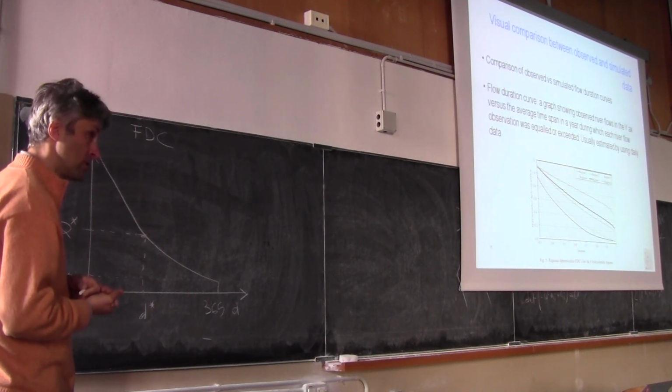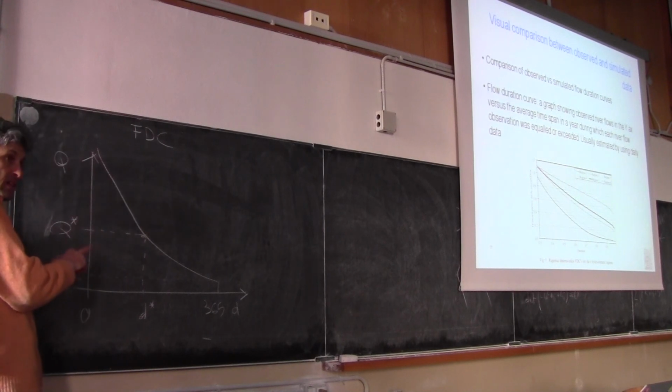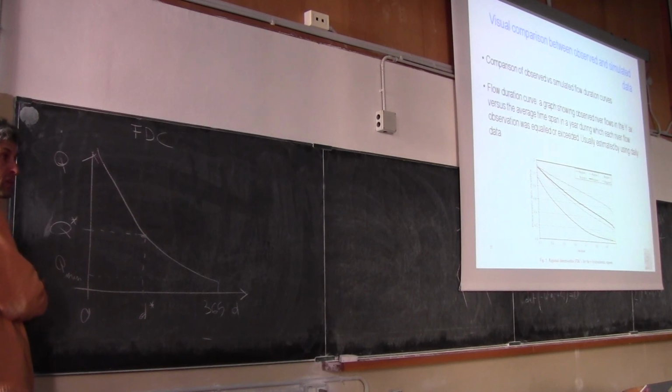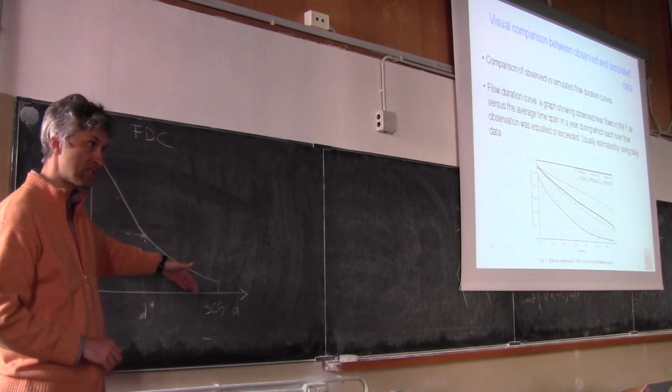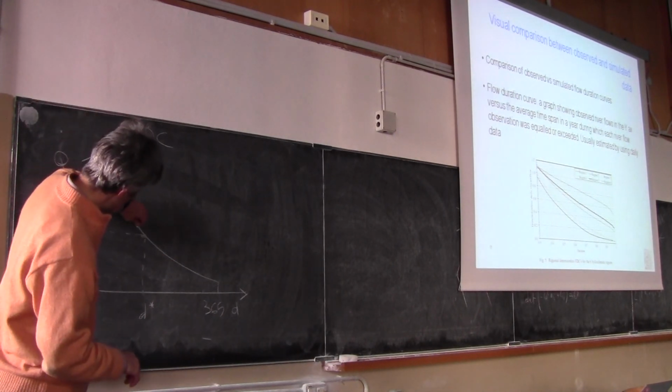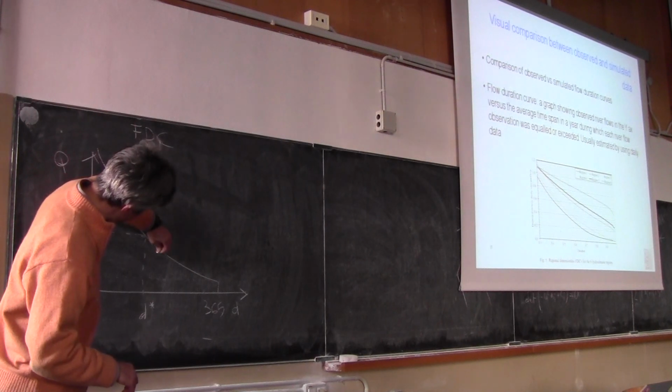So, just note that in this case, I assume that the minimum value of the river flow is greater than 0. If you are dealing with an ephemeral river, what in Italian is called a torrent, then you get the flow duration curve that is collapsing on the abscissa at a given duration, like in this way.